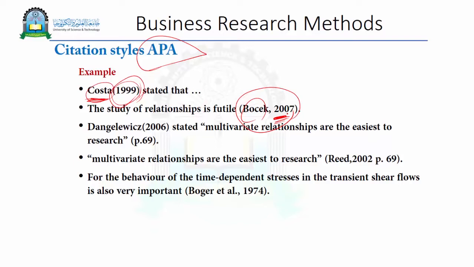If you are going to use a quotation, which is a direct citation, that means you are not going to paraphrase. You are going to take the phrasing as it is. You put it as it is. In this case, again, if it's at the beginning of the paragraph, mention the family name and then the date, and you put the quotation between quotation marks. So when you put the quotation marks, that means you didn't paraphrase the wordings.